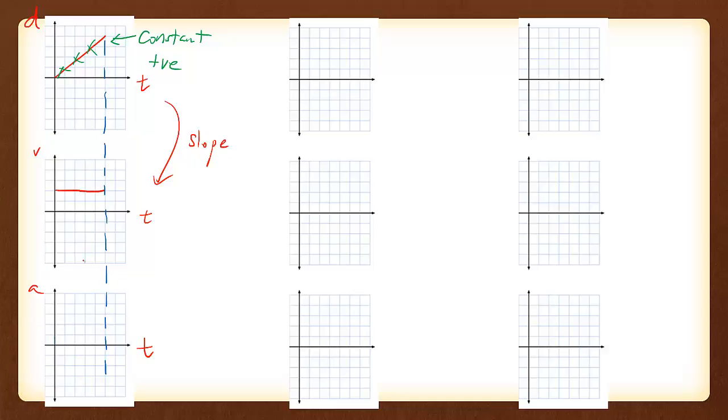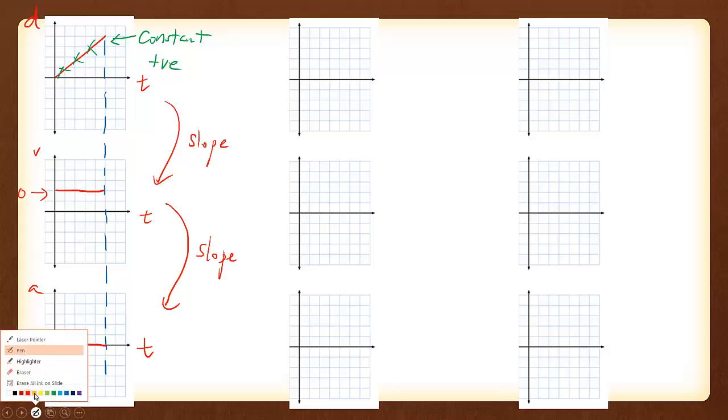Try to make the time synchronized when you draw it. The at graph will be 0 because if you look at the vt graph, this one is a horizontal line, and for a horizontal line the slope is 0. So that's why the value of the line here is always 0. It should be very easy.